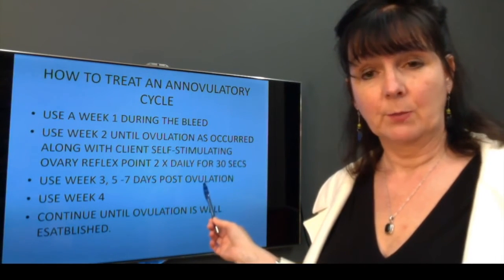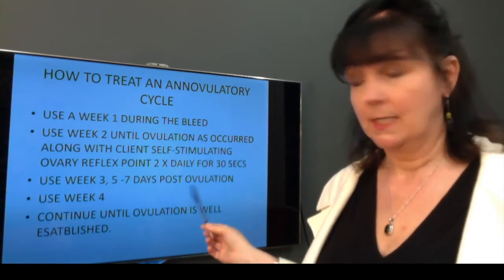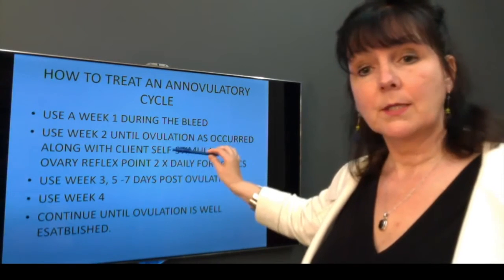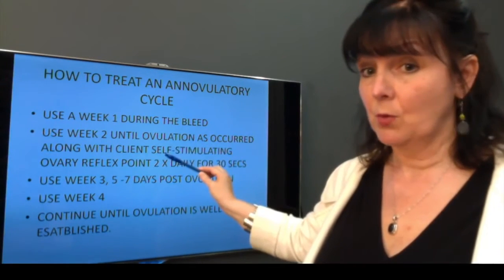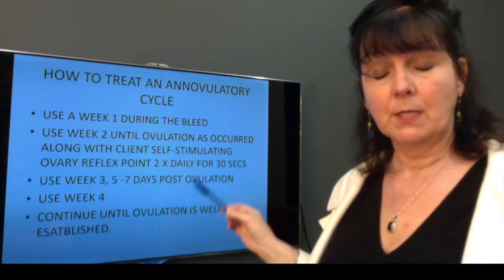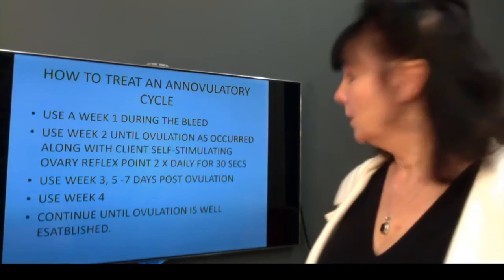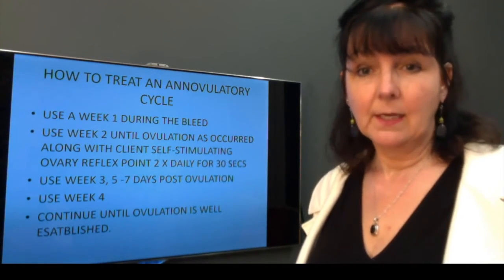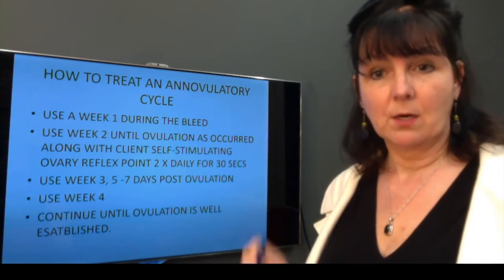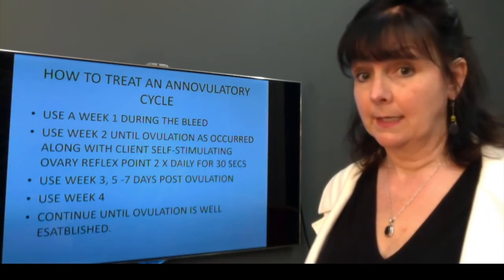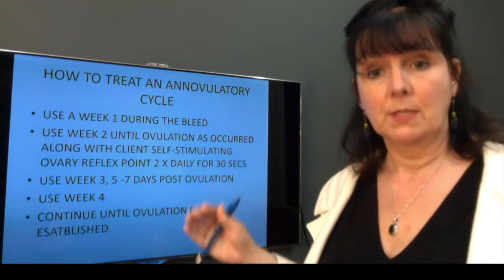If they are not ovulating, we ask them probably to start 3 to 4 times a day self-stimulating their ovary reflex points. I usually now say, if they're not ovulating, start with 60 seconds, and if that doesn't do it, increase it to 90 seconds, okay?